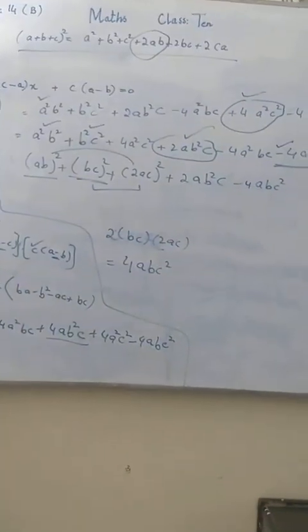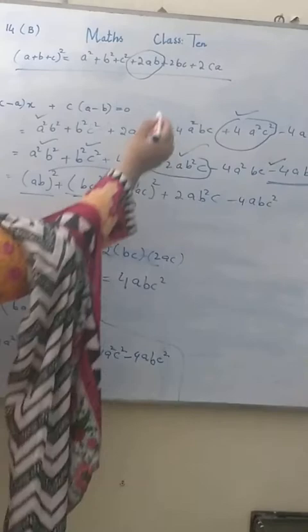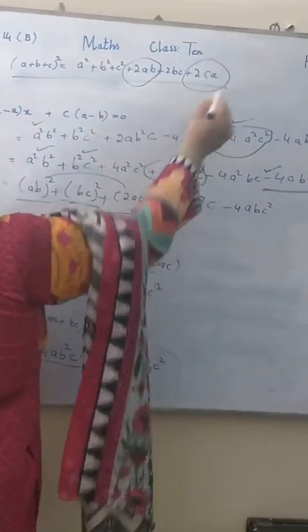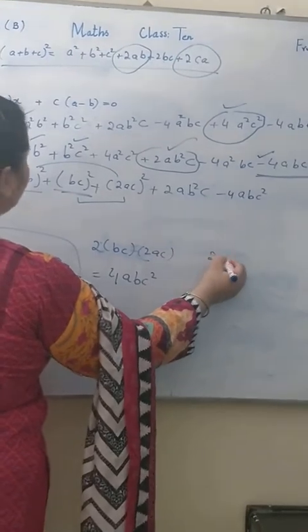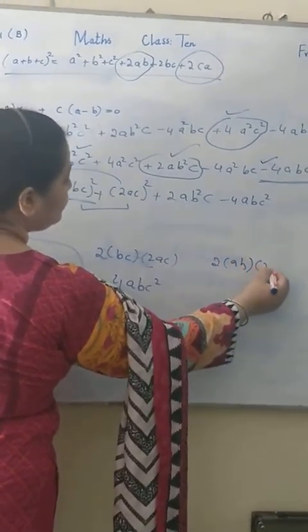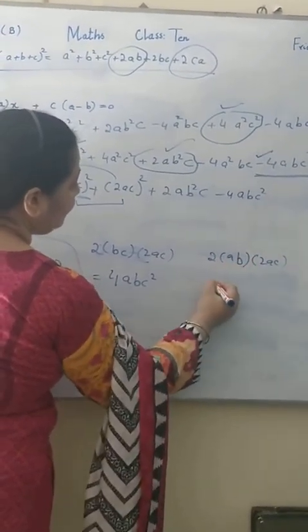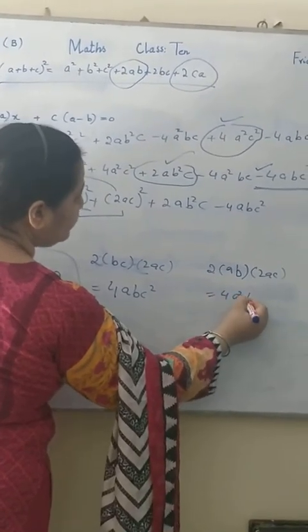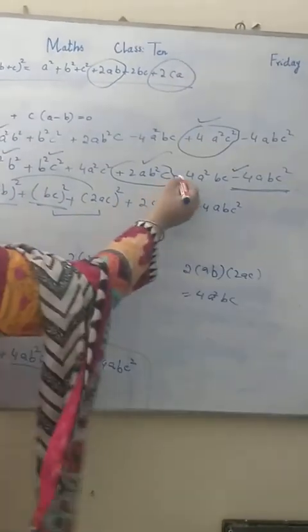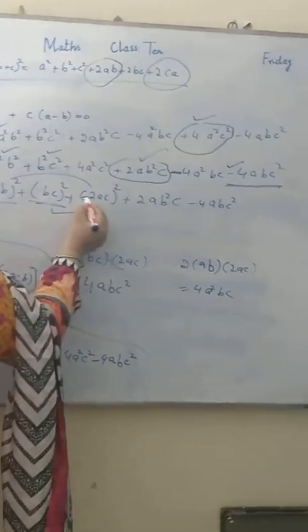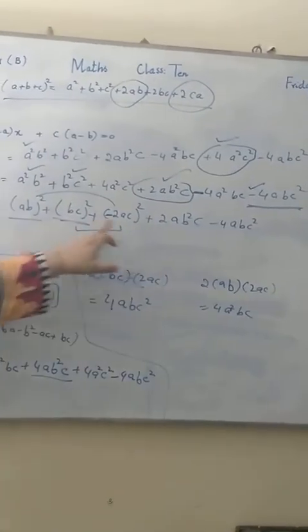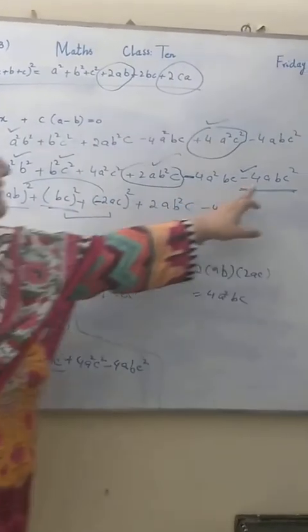After this we will check by multiplying the value of c with a, means this with this: 2 into ab into 2ac. We will get 4a square bc. Here there is also a minus sign. It means this value was minus because this value was involved with this, and here we have a minus sign.